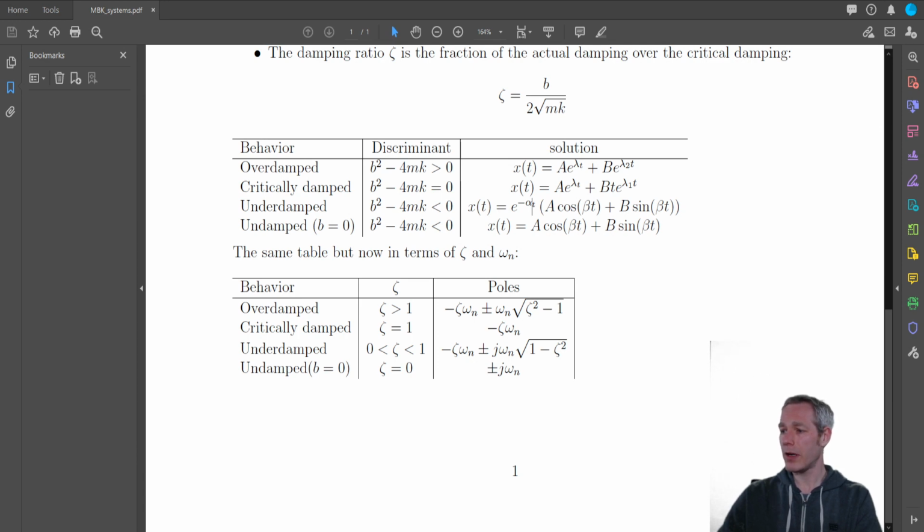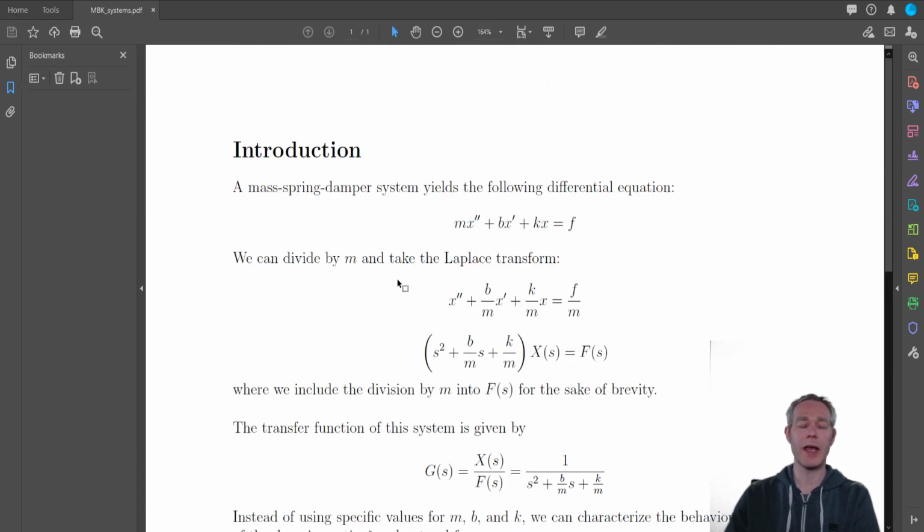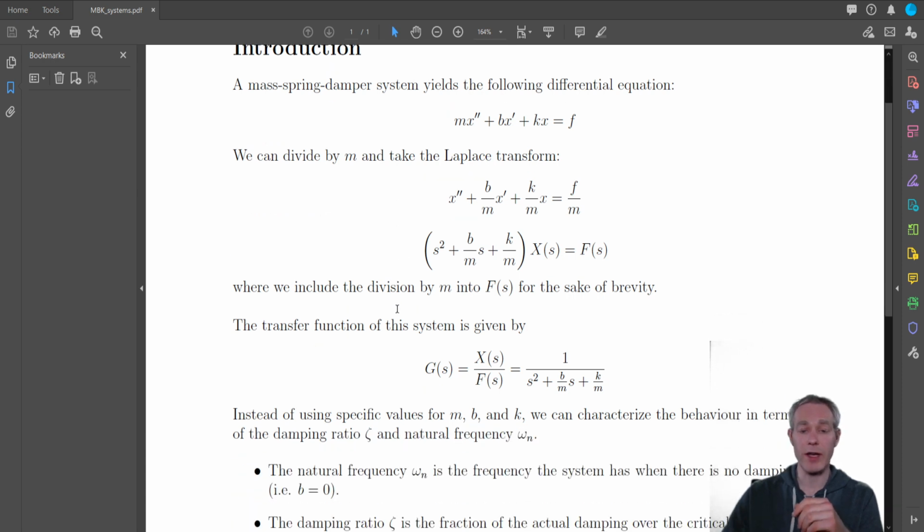And I would like to show you a bit about that. Let me pull up a description here where we start off with the second order differential equation for our mass spring damper system and take the Laplace transform. Now if we do this in a normal way, we can view our mass spring damper system as an actual system and write out its transfer function.